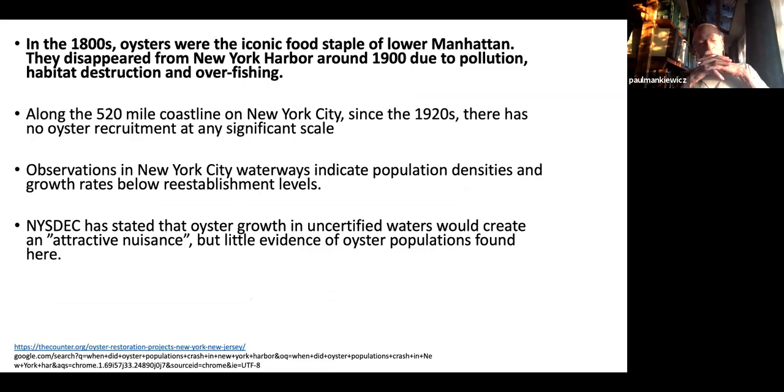New York City waterways, the densities are low. They're everywhere. We haven't wiped them out. But you can go down to the end of your block and there's not, say, 80 oysters per square foot or even square meter. There's basically a few, maybe 100 or two over some acres or parts of an acre. So they're here, but they're here in extremely small numbers.